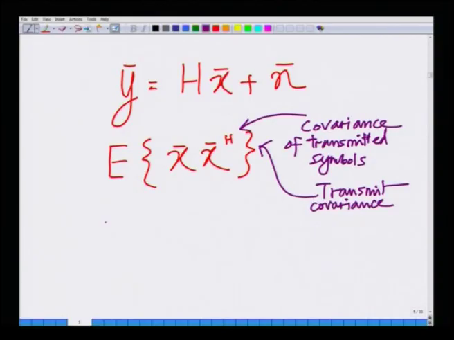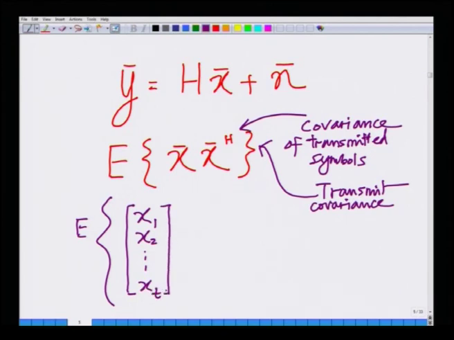I can write this as expected value. Let me expand these vectors out. X bar is a T dimensional transmit symbol vector, so this is x1, x2 up to xT. X bar Hermitian is nothing but x1 conjugate and so on, that is I take the transpose and get a row vector.